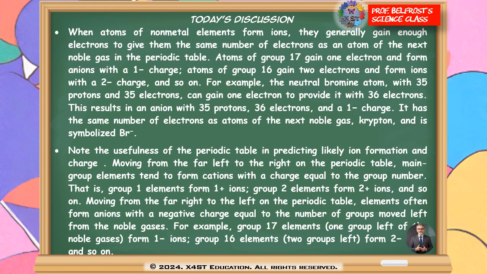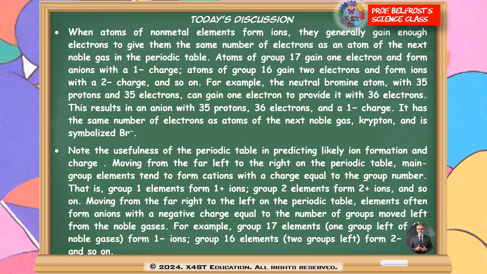When atoms of non-metal elements form ions, they generally gain enough electrons to give them the same number of electrons as an atom of the next noble gas in the periodic table. For example, atoms of group 17 will gain one electron and form anions with a negative 1 charge. Atoms of group 16 gain two electrons and form ions with a negative 2 charge, and so on.